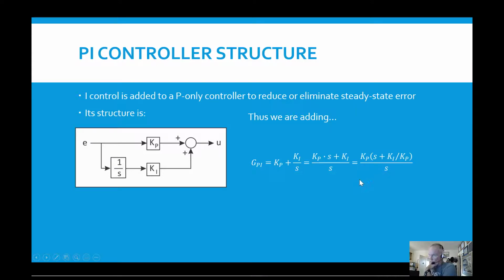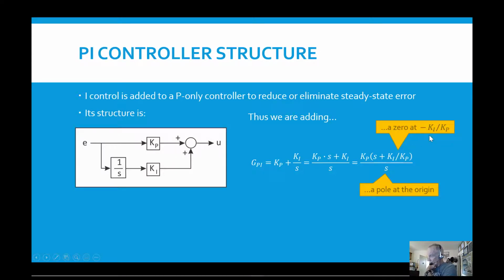So we have a pole at the origin, and then we have a 0. It's a 0 since this is in the numerator of the fraction, and this 0 is at minus Ki divided by Kp.